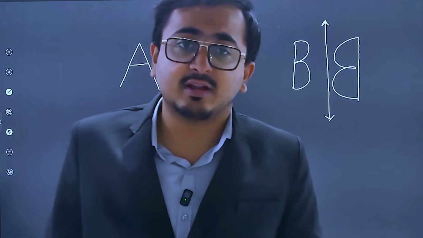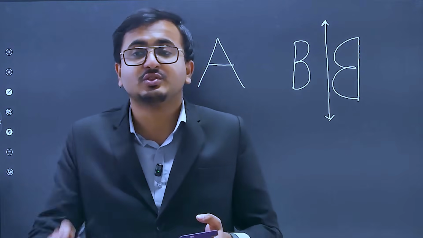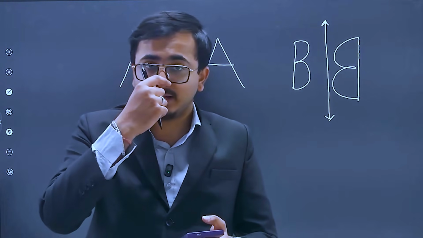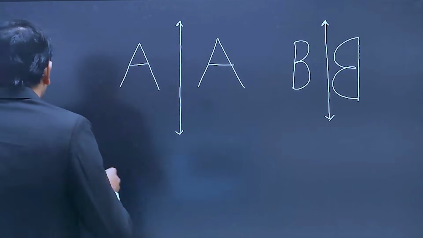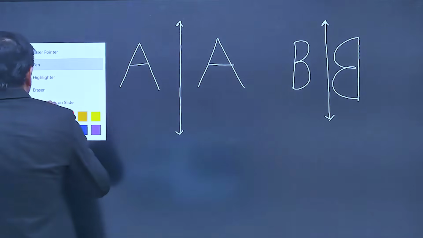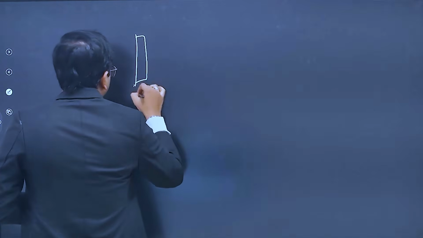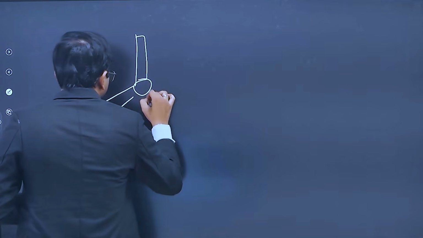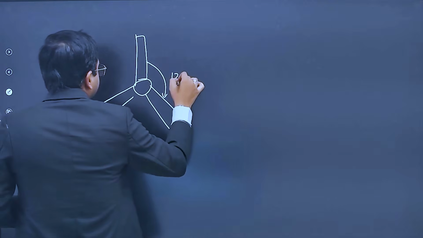Rotational symmetry, best you can take example of a fan. So a fan, if you rotate by 120 degrees, is there any difference? Okay. Rotational symmetry, let us look into it. Let us suppose there is a fan like this and I rotate by 120 degrees.